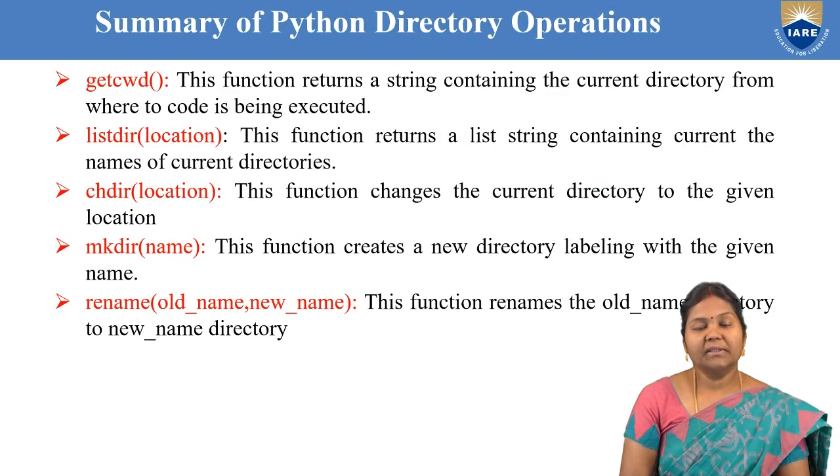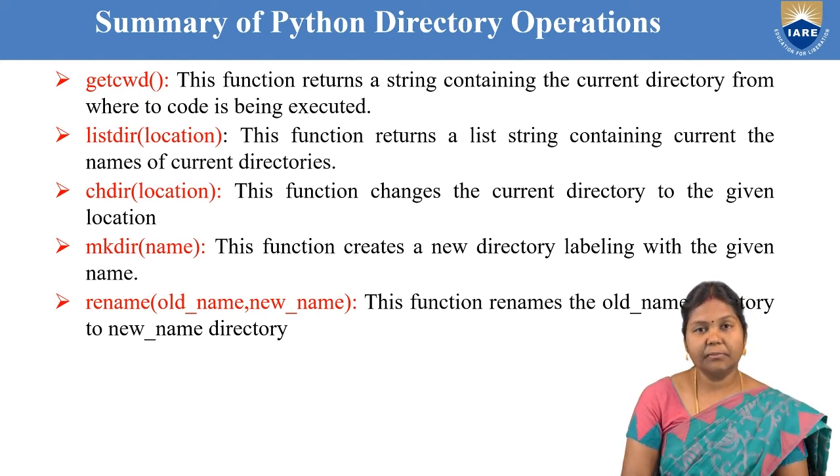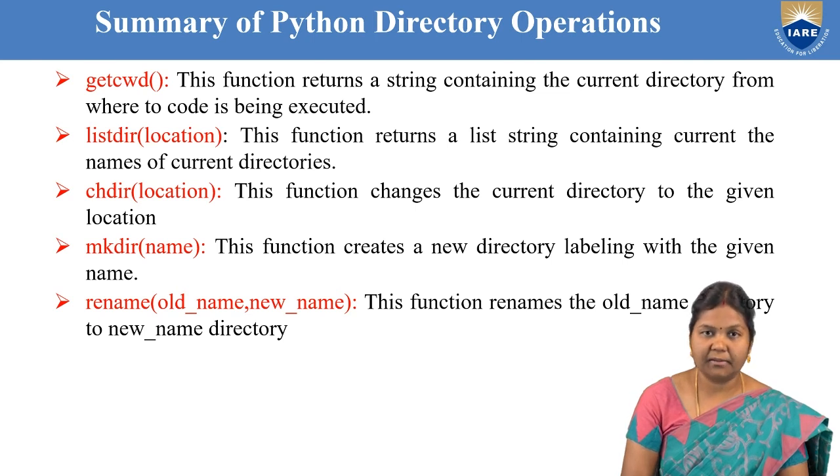Now, we have discussed so many important methods regarding directory or file operations. Let us summarize this. First of all, we have seen the getcwd method to check the current working directory. Next, we have seen the listdir method, which will return a list of directories and files available in your current working directory or the specified path.